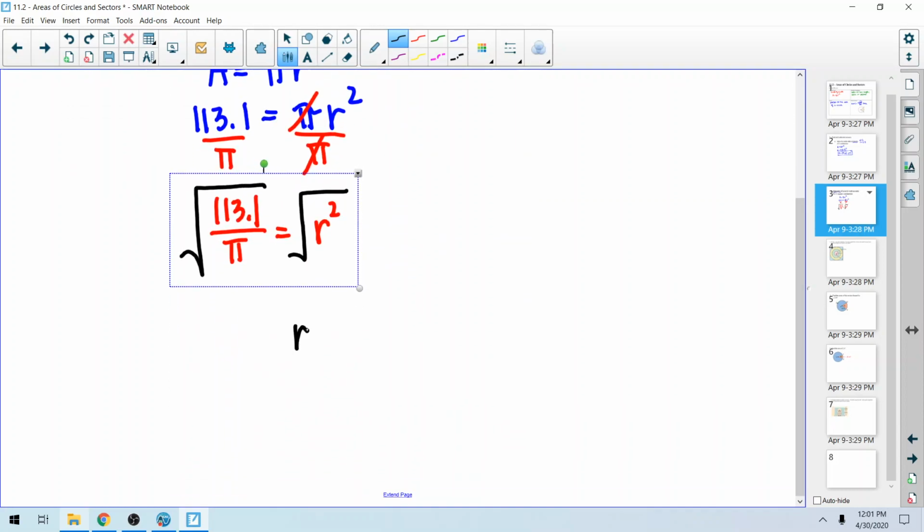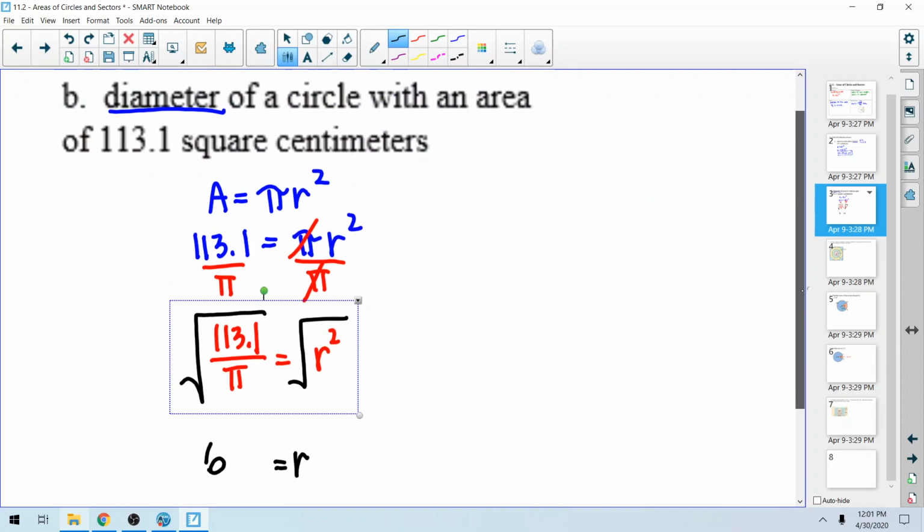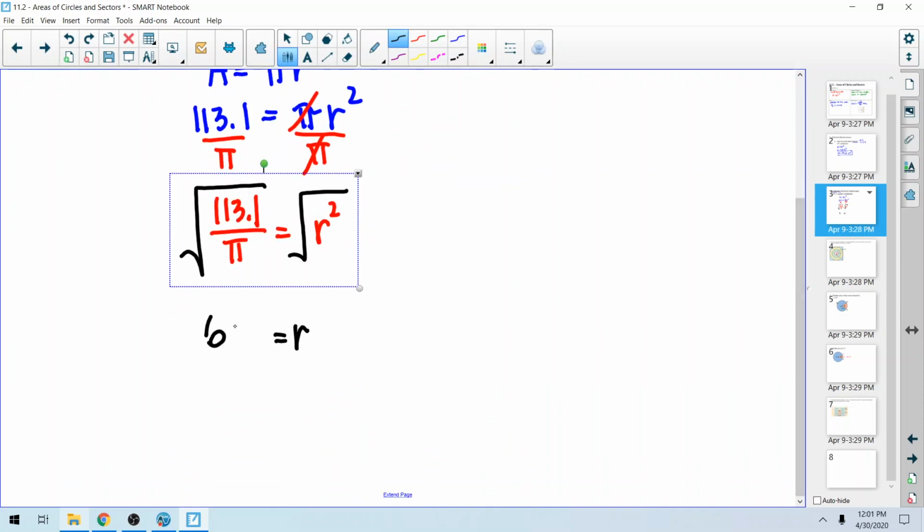So r equals, and then grab your calculator, square root of 113.1 divided by pi, is 6.005. So I'm just going to go with 6. And then units, centimeters.